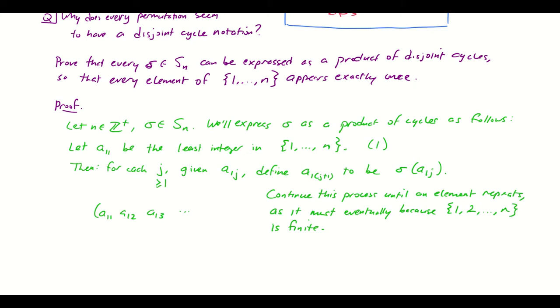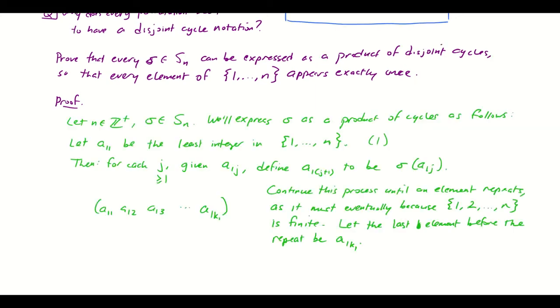So this process will eventually repeat an element, and when it does, let the last element before the repeat be a sub 1 k1. Let's call this k1. For each n, k sub n is going to represent the nth cycle length, so k sub 1 represents the first cycle length. All right, so I'm going to build a cycle, and I'm going to stop here.